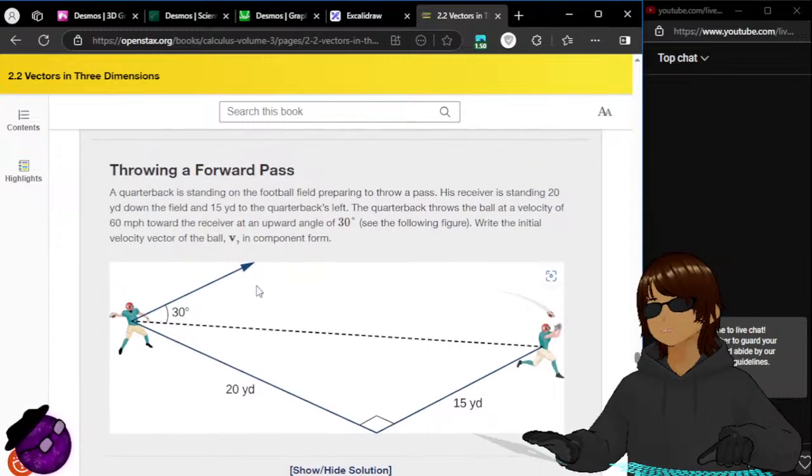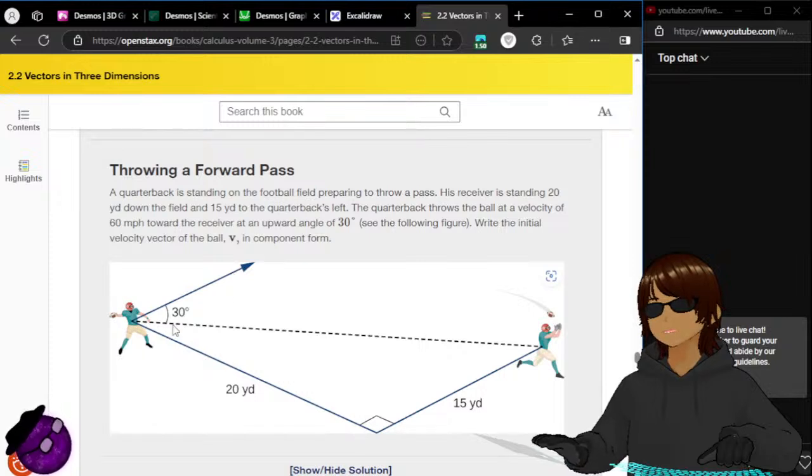But the thing is, the quarterback throws the ball at a velocity of 60 miles per hour. Write the initial velocity vector of the ball v. So 60 miles per hour over here.